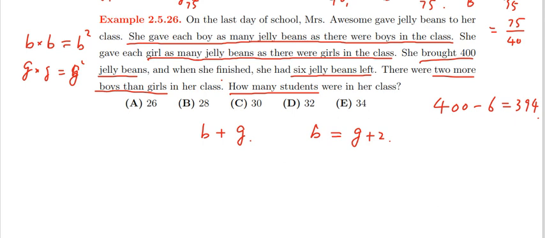So we have this equation: all the beans given to the class is, for g plus 2 boys, g plus 2 squared, plus g squared, equals 394.